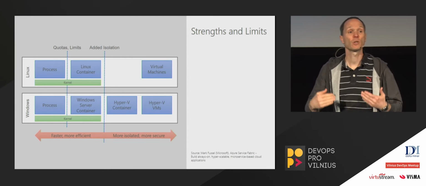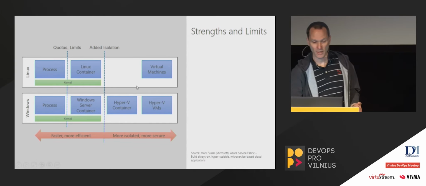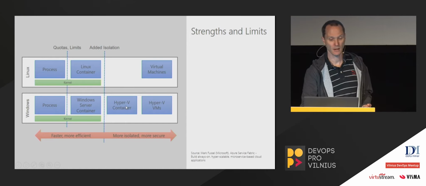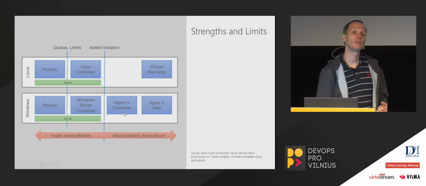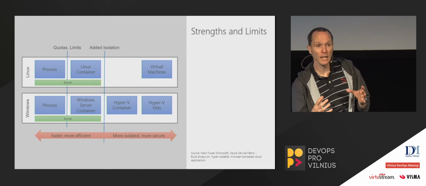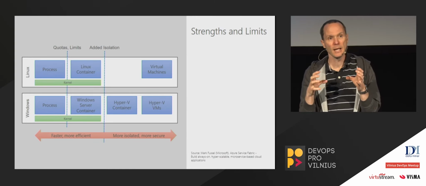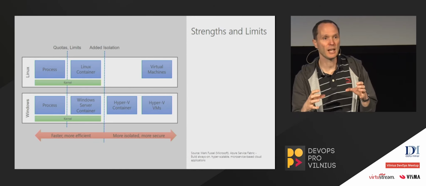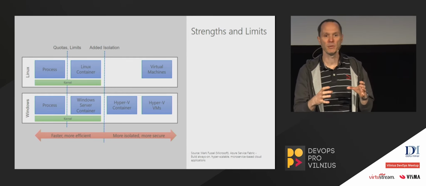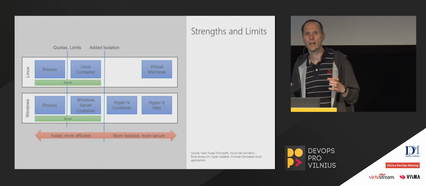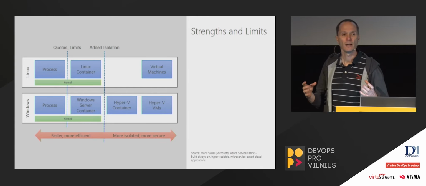If I'm on Windows Server 2016, I can decide whether I want to run this guy here or this guy here. This one, the Hyper-V container version, it really sandboxes each container in its own Hyper-V image. Why should you do that? Well, it's a question of encapsulation.